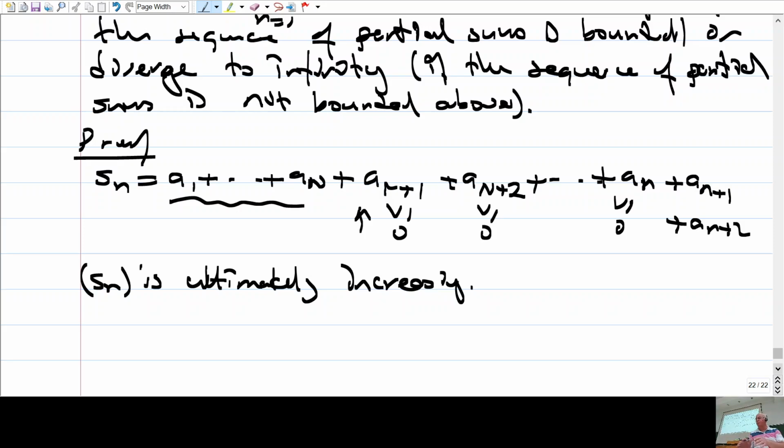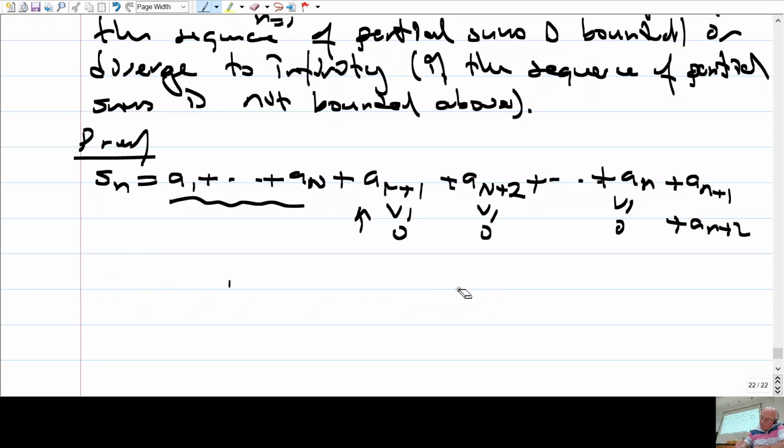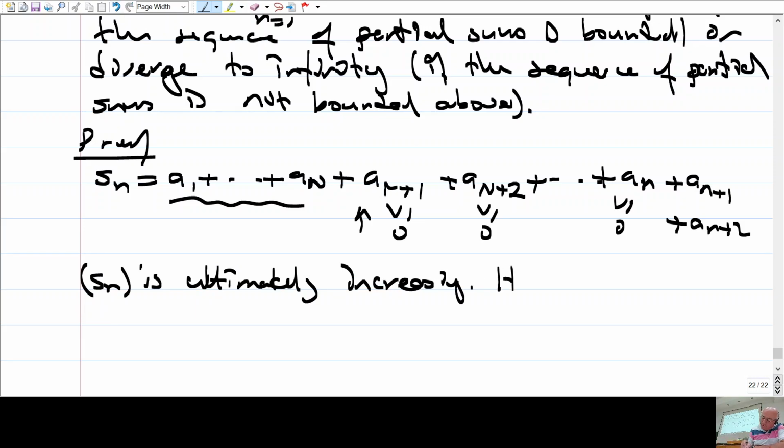This is not a formal proof, but the basic or important parts of the proof. The idea is that if the an's are ultimately positive, then the sequence of partial sums is ultimately increasing. And an ultimately increasing sequence is convergent if and only if it is bounded from above. Hence, the result follows.